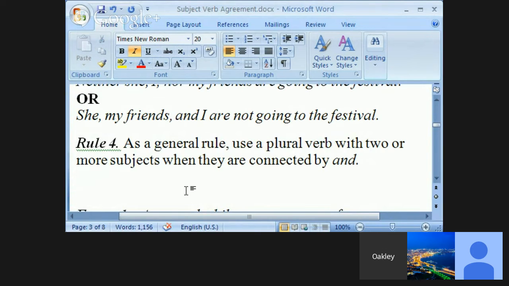Okay, Hussein, you want to make a sentence using "and" with two subjects? Pens and pencils, boys and girls, cats and dogs.